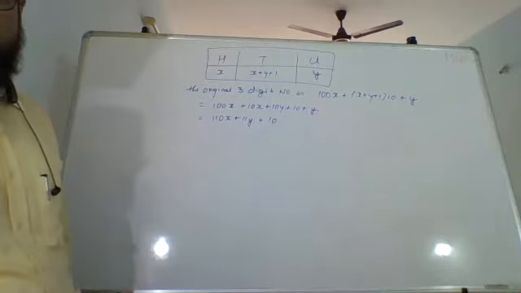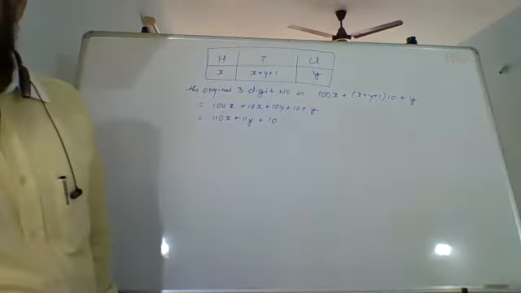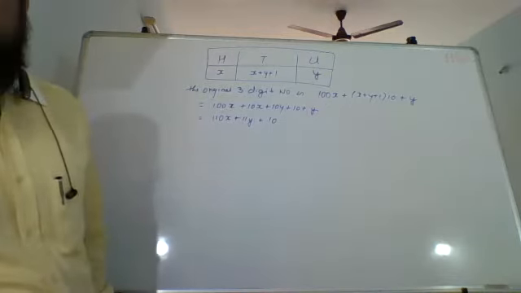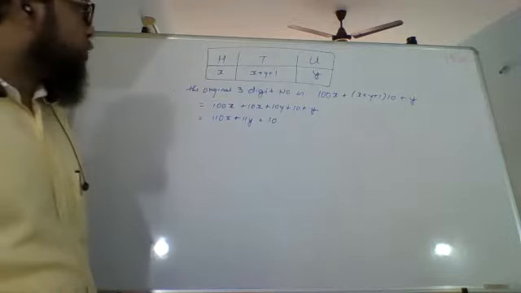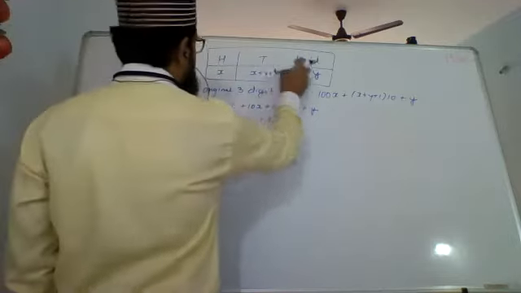So far clear? Then what does it say? A 3-digit number is equal to 17 times the sum of its digits. So what is the sum of its digits?